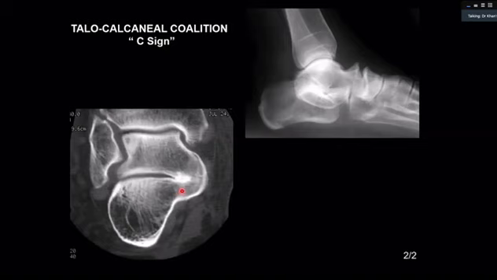And this time, what is happening is that there is what we call a bony bar at the same joint, the middle subtalar joint, and this is how it projects on a lateral. This is a CT scan.